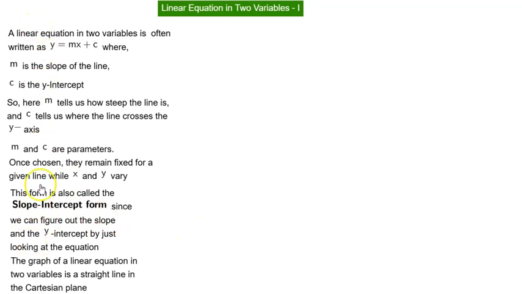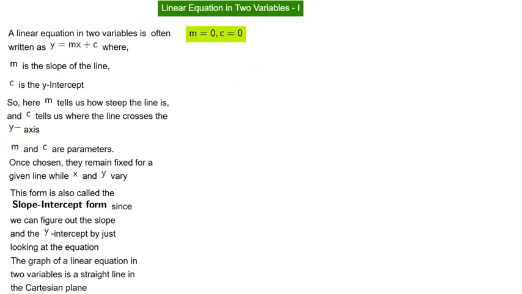All this we have seen when we were looking at graphs of linear equations, except the fact that y is equal to mx plus c is called the slope-intercept form. Now, we have also seen that when m is equal to 0 and c is equal to 0, what is the graph?